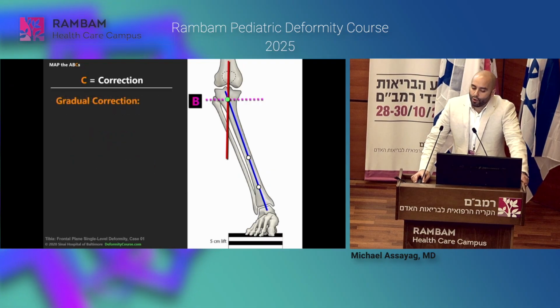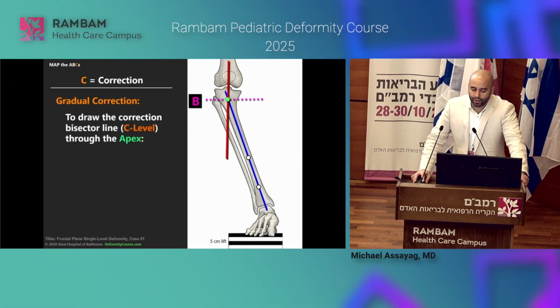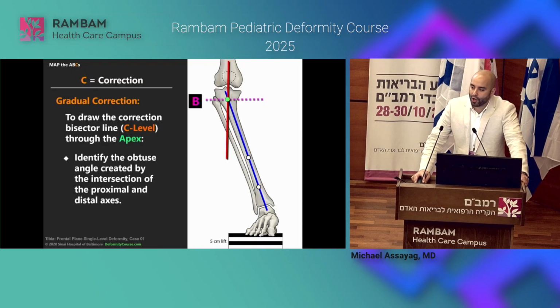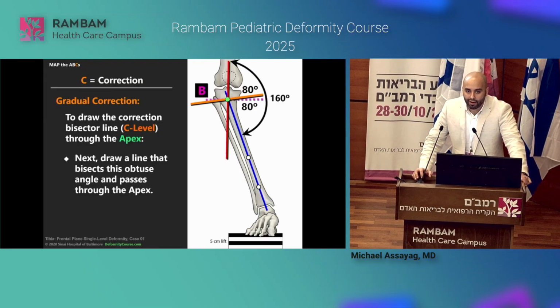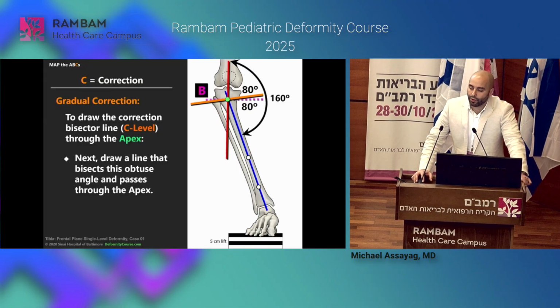So if you've cut the bone, the correction line is found by actually measuring the obtuse angle, so the wider angle, and drawing a bisector of that angle. And that bisector will come in very handy if you're going to use a classic Ilizarov correction method, and you'll have to position the hinge along that line.